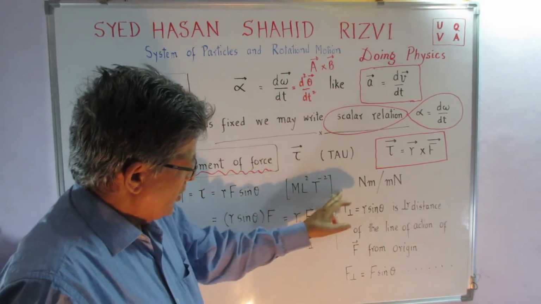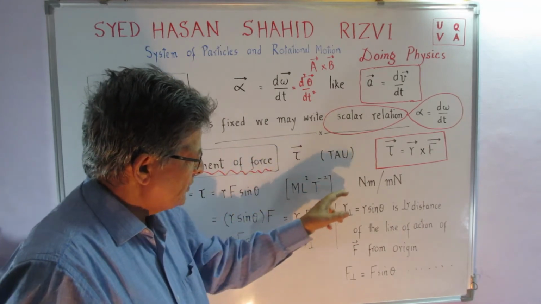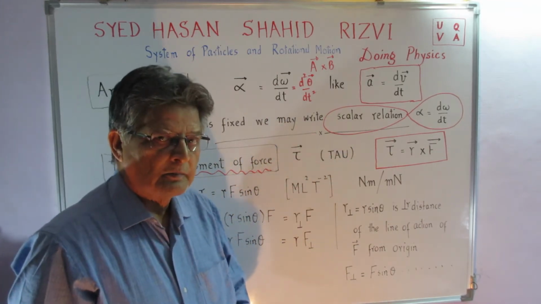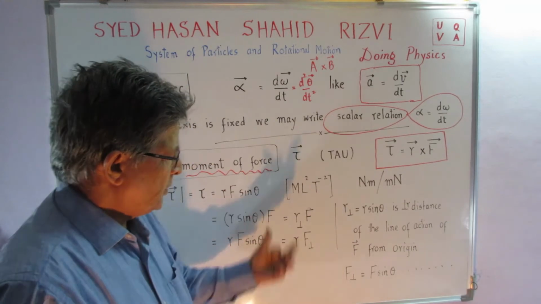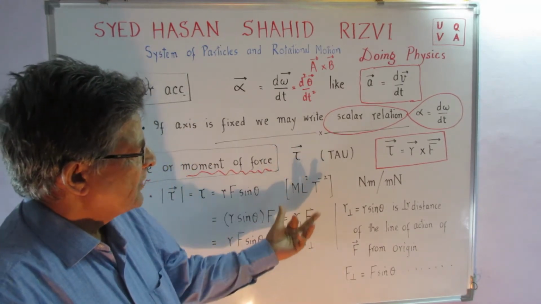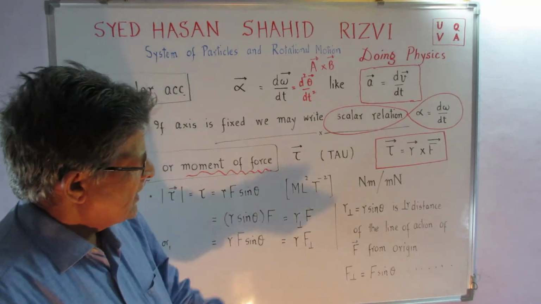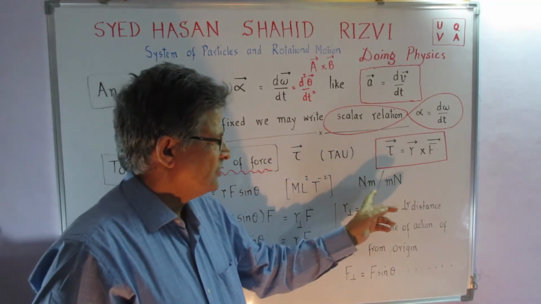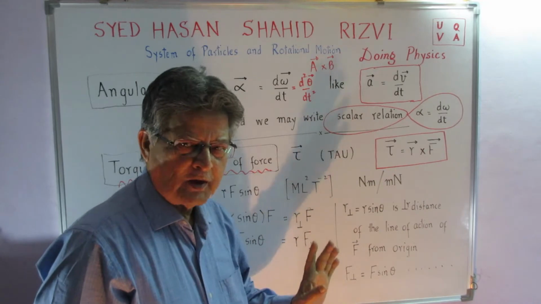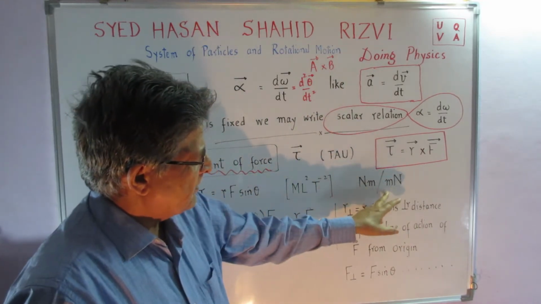And we know that this is also the dimension of work done or energy, which we express in joules. But in the SI system of units, this is chosen as Newton meter. But I prefer it to be meter Newton.